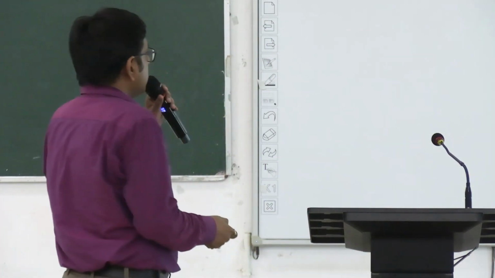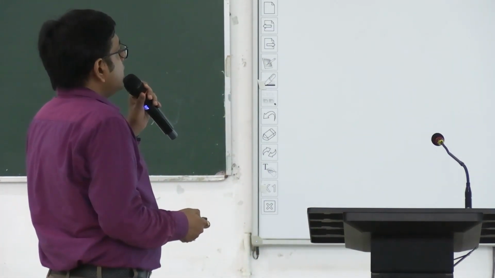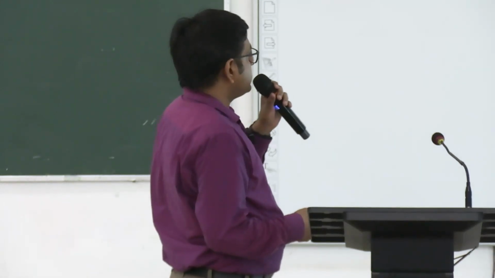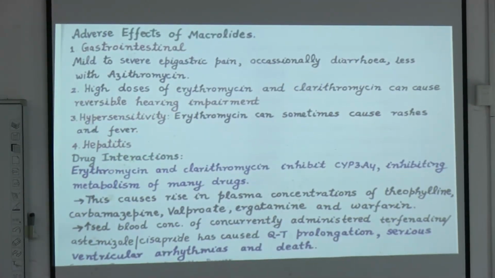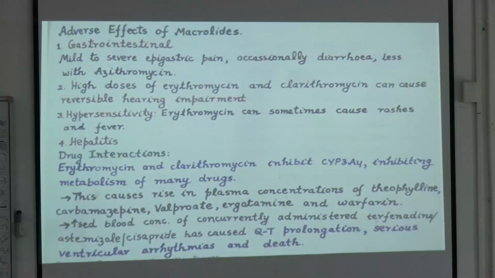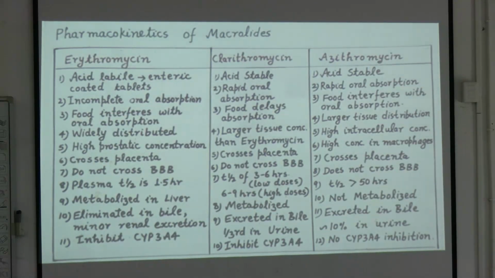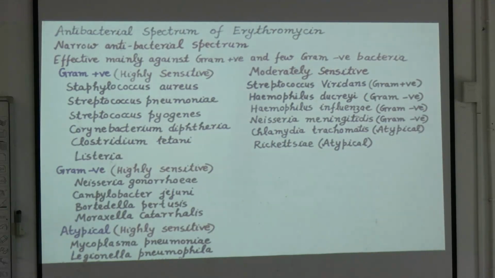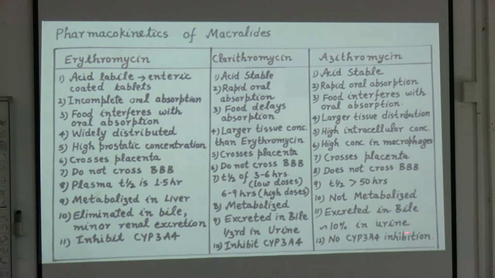Apart from that, it can cause some reversible hearing impairment, it can cause hypersensitivity and hepatitis. Then drug interactions, as I told you, here only cytochrome P3A4 is not inhibited by azithromycin but is inhibited by erythromycin and clarithromycin.